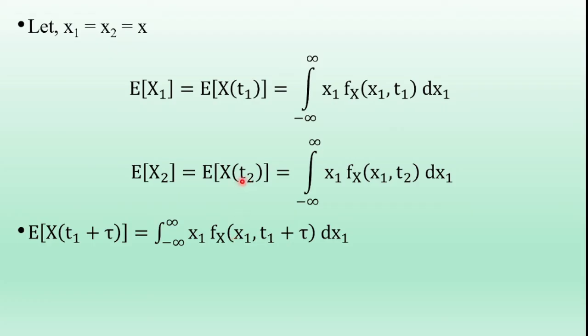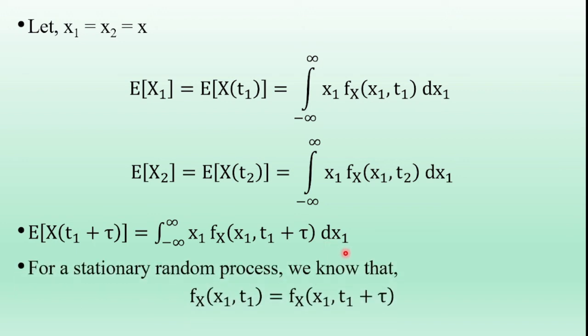So now t2 is replaced by t1 plus tau. We get expectation of x of t1 plus tau equal to integral from minus infinity to infinity of x1 fx of x1 comma t1 plus tau dx1.